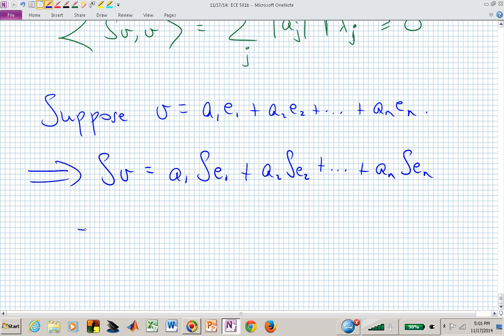But those E sub J's were eigenvectors. We now know how those are related to the square roots of those lambdas.